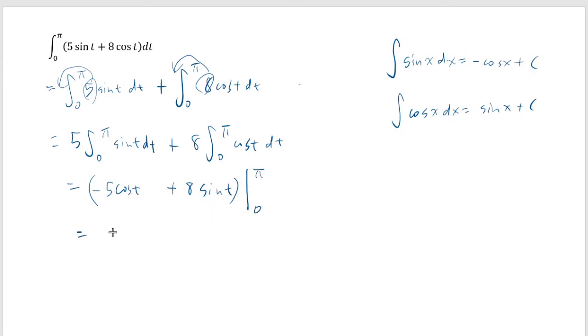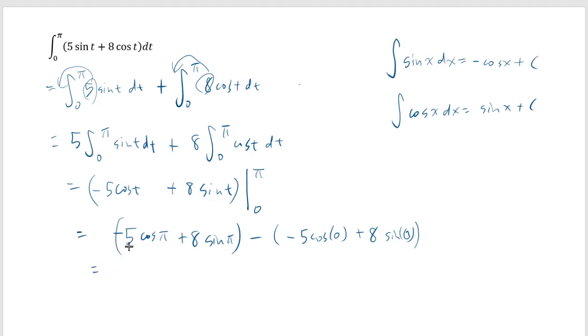When you plug in pi, you get negative 5 cosine pi plus 8 sine pi, minus, when you plug in 0, it's minus 5 cosine 0 plus 8 times sine of 0.